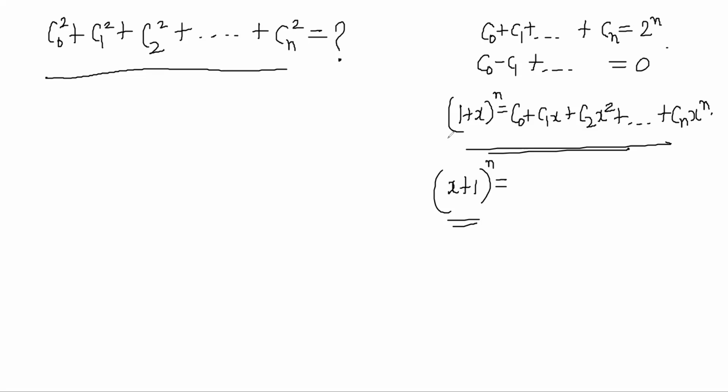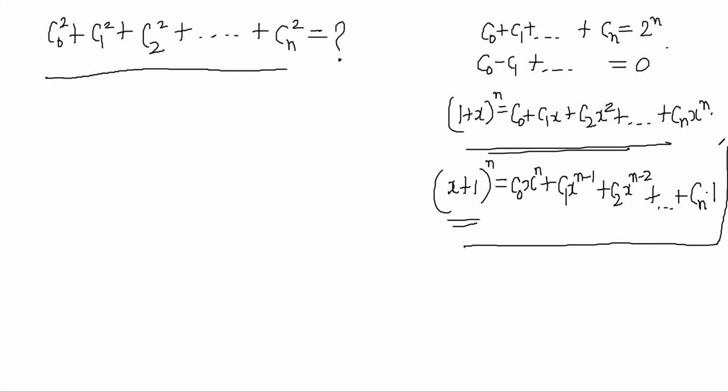If I had just reversed the terms, it should have started with C0 x power n and 1 power 0, then C1 x power n minus 1, plus C2 x power n minus 2, till the final term will be Cn into 1, right?